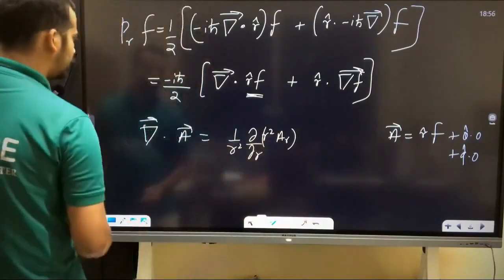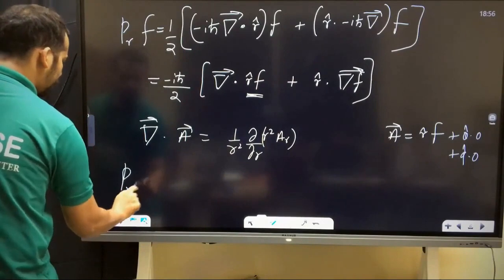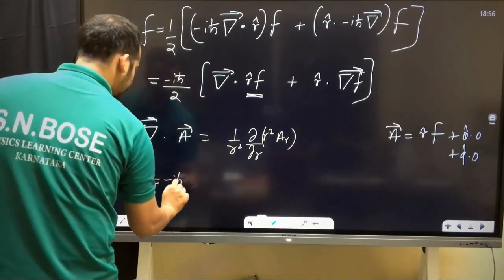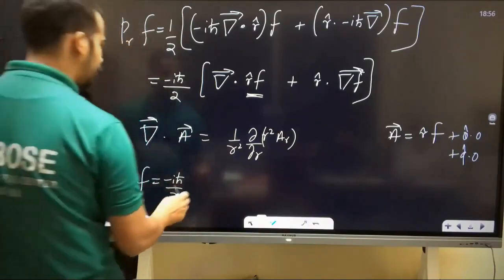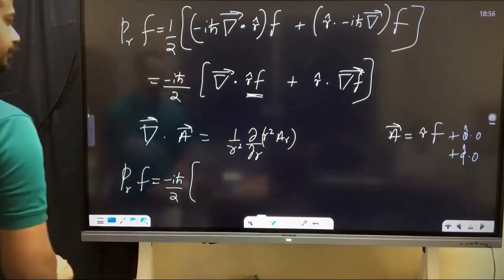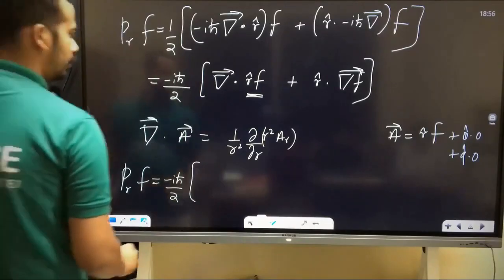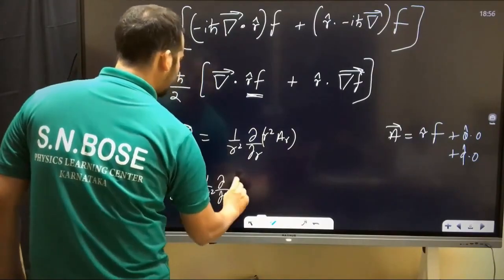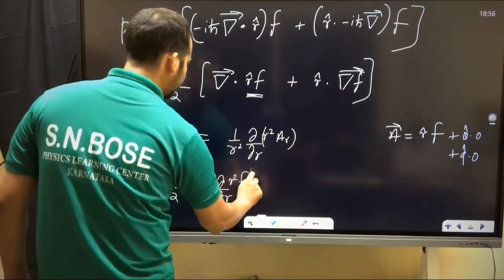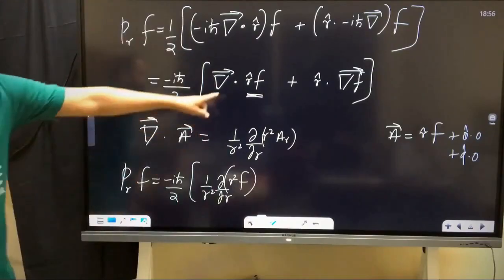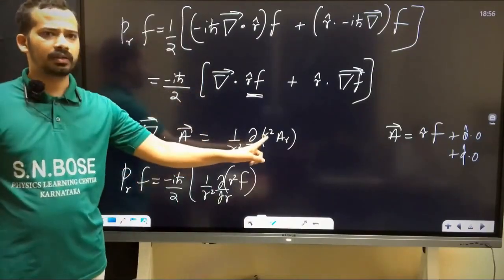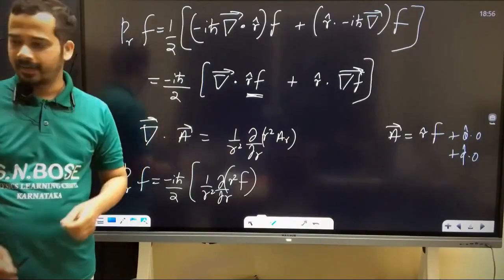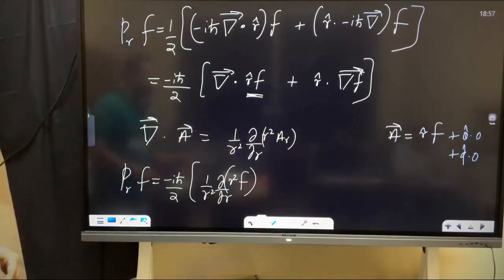So p_r into f equals minus i h bar by 2 times 1 by r square ∂/∂r of r square f. Are you sure it is r square or r? Check that out if you are holding Griffiths.